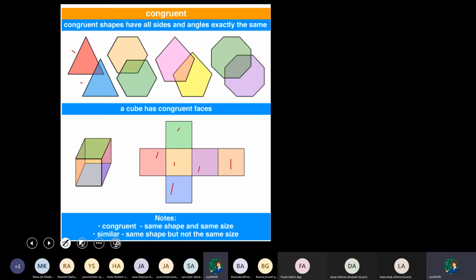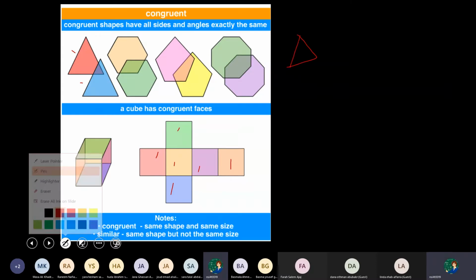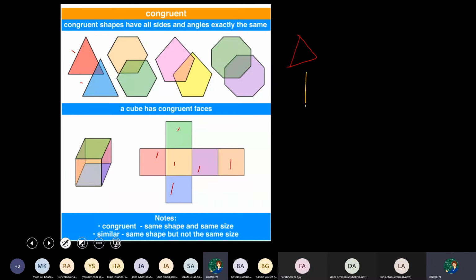But similar shapes have the same shape but not the same size, like this triangle and this triangle. Both of them are triangles, but they are not the same size. So I can say that they are similar to each other.